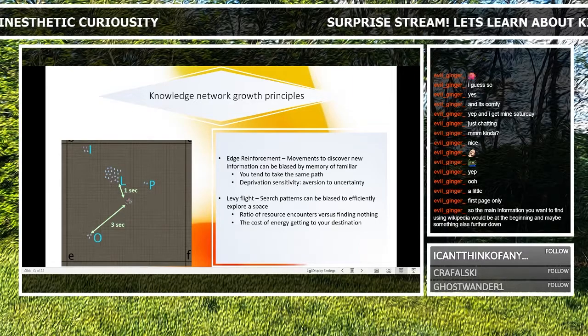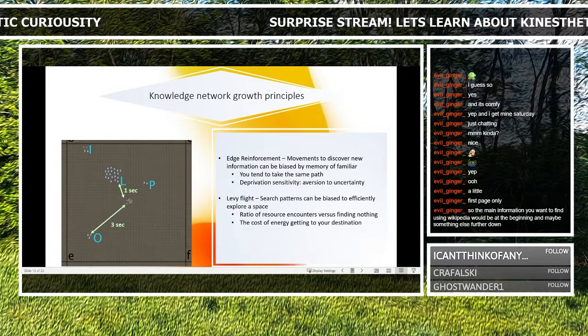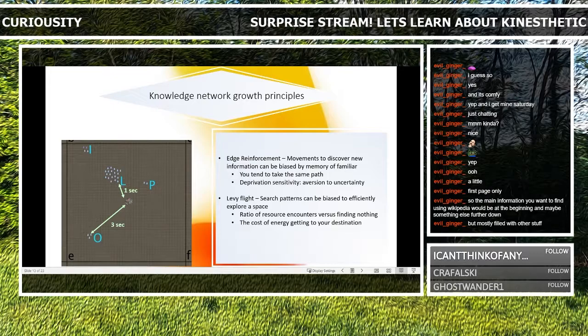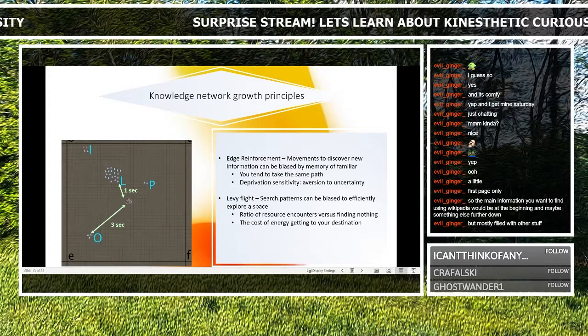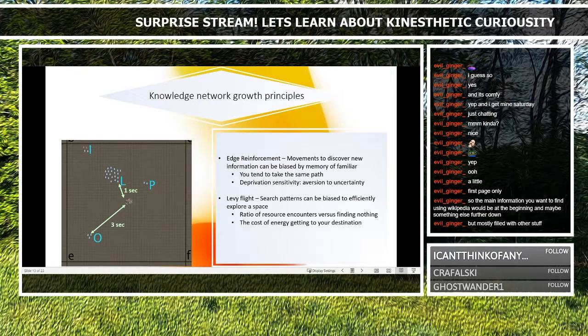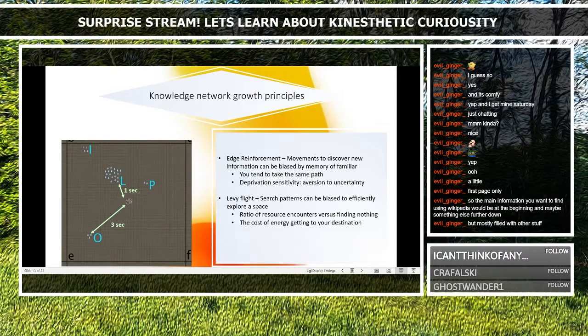So the main information you want to find using Wikipedia would be at the beginning, but mostly filled with other stuff. If you're looking for something, it could be a lot further down, but that's going to take a lot more time and energy. And finding something versus finding nothing is the same exact thing.